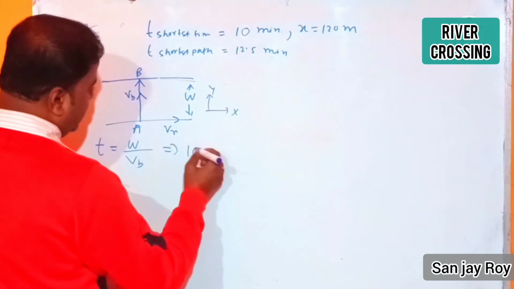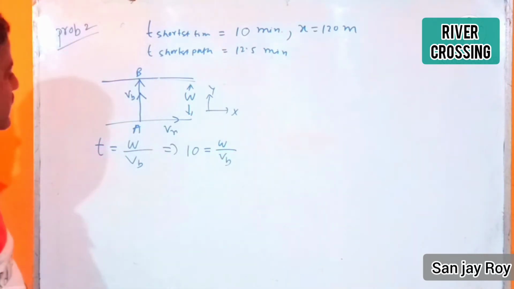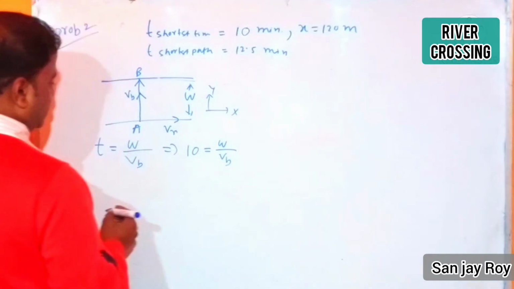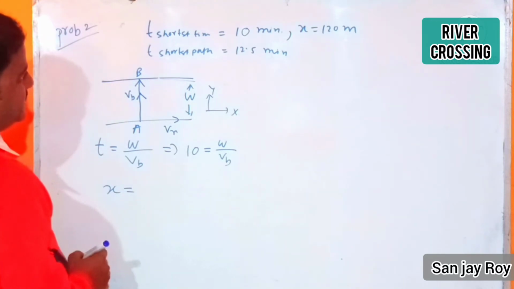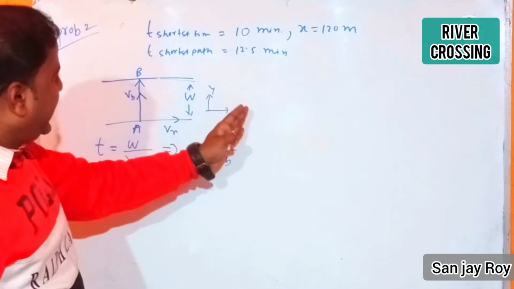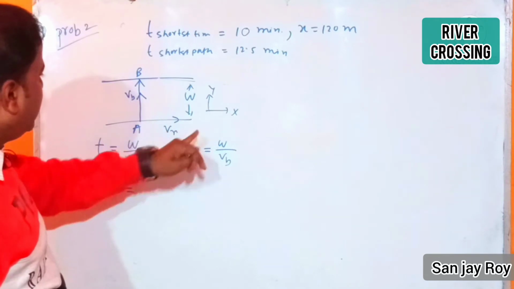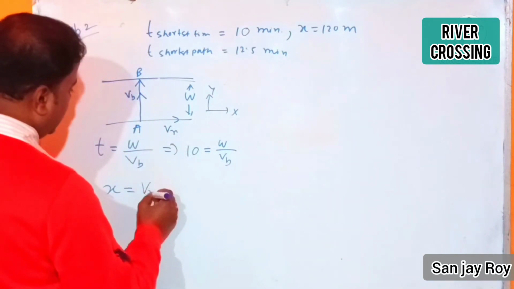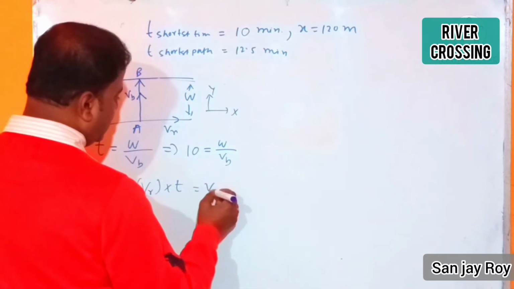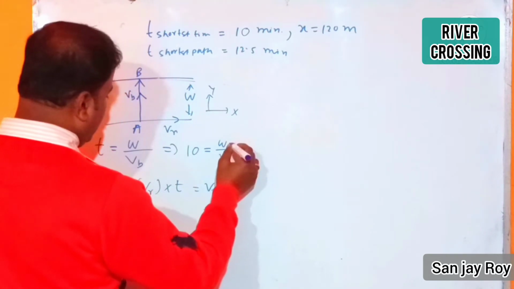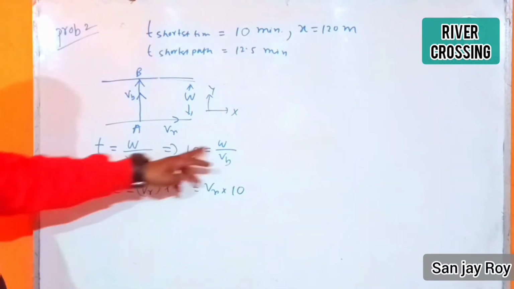Then W by VB, where VB is the velocity along y direction, and this time is 10. So 10 equal to W by VB. And the drift x is the displacement along x, and this drift is only due to the river current, that is VR into T. VR into T, where T equal to W by VB, that is 10.